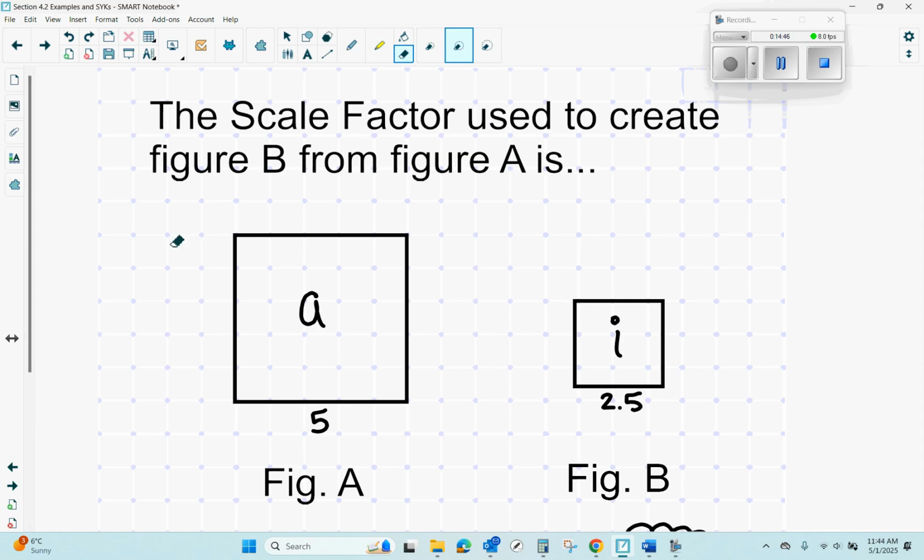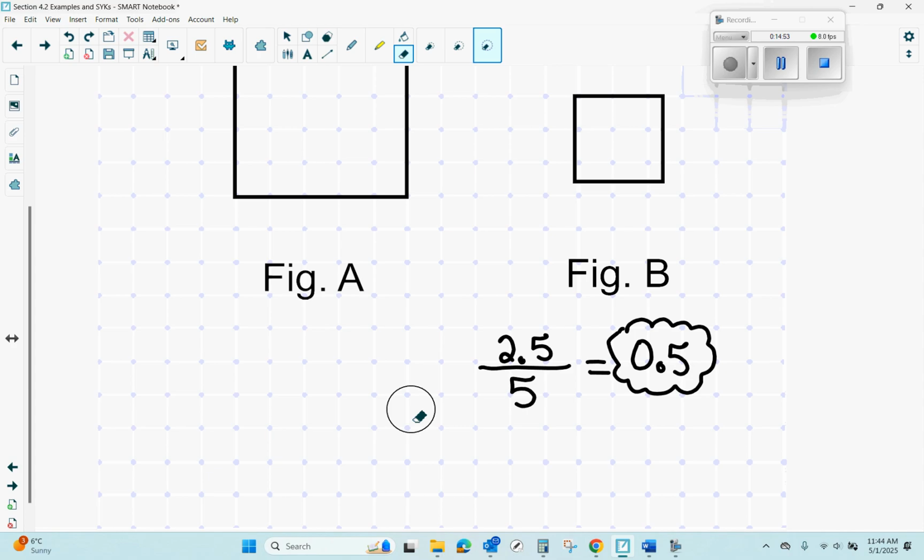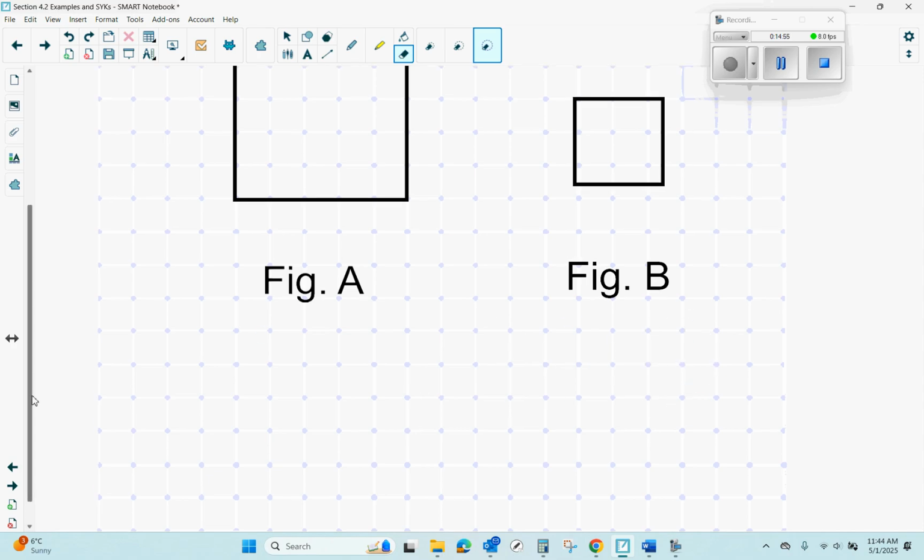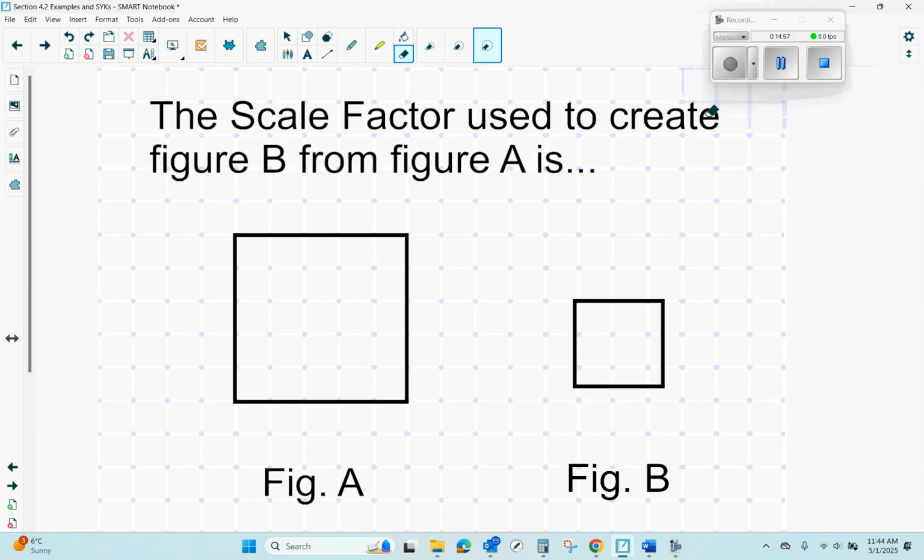Okay, so that's a great review, somewhat a great review of 4.1, just to kind of catch everyone up on last week. And you can pause this video or continue playing if you'd like to see examples from 4.2.